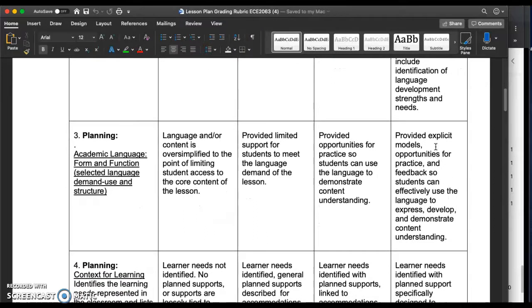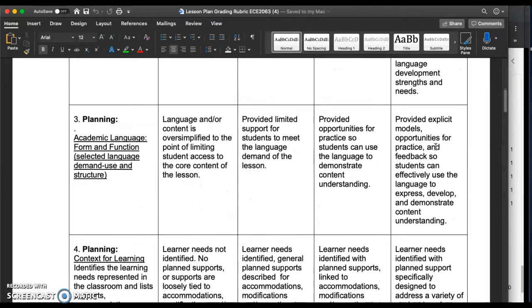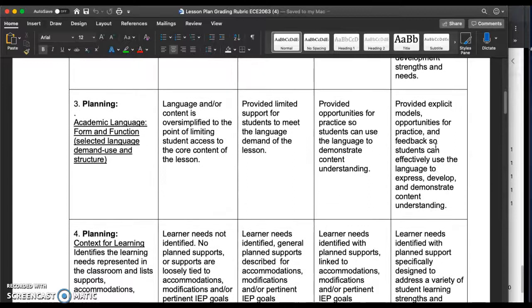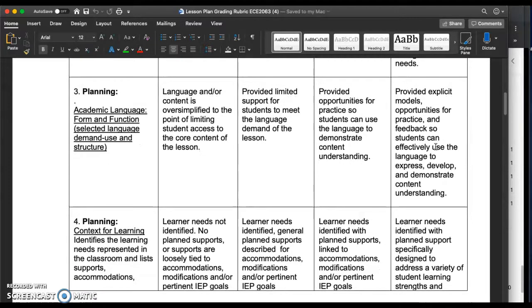You are to provide explicit models and opportunities for the students to practice the academic vocabulary and feedback that you give the students so they can effectively use the language to express, develop, and demonstrate content understanding. So not only are you modeling and allowing for practice, we want those students to use that academic language to demonstrate they understand the content.